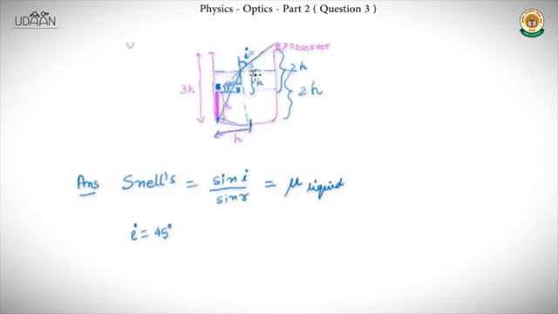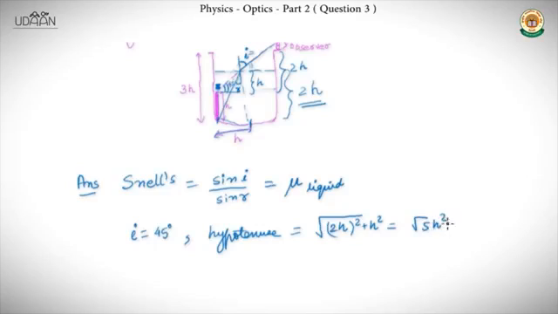Now the base of the triangle is of length 2h. So we get the hypotenuse to be root under 2h square plus h square, which is equals to root 5 h square. Sorry, root 5 h.